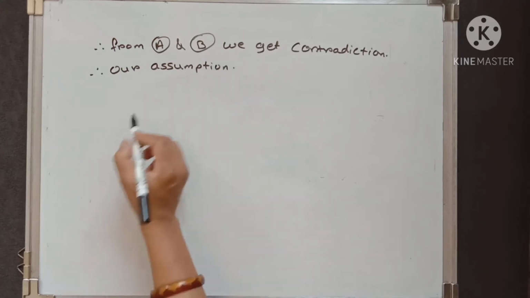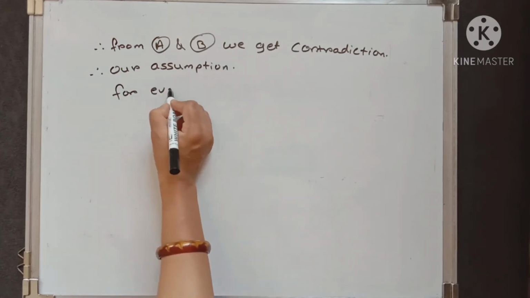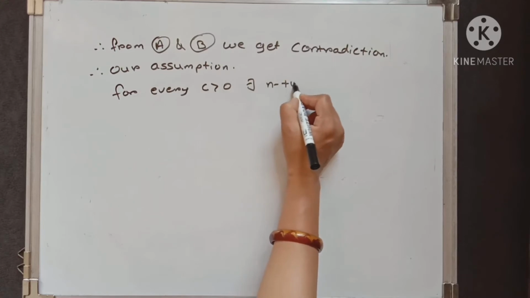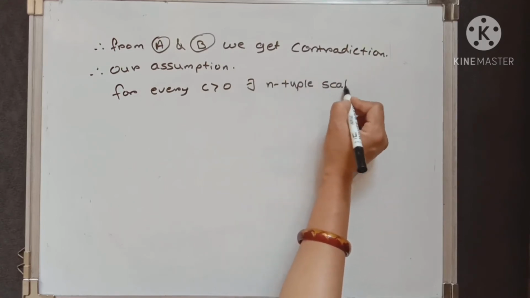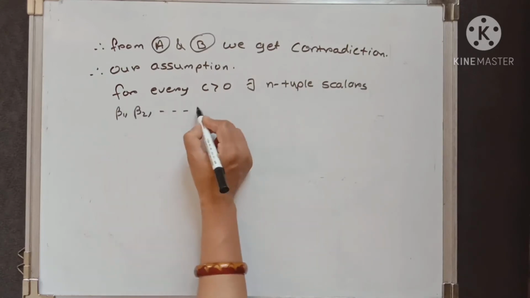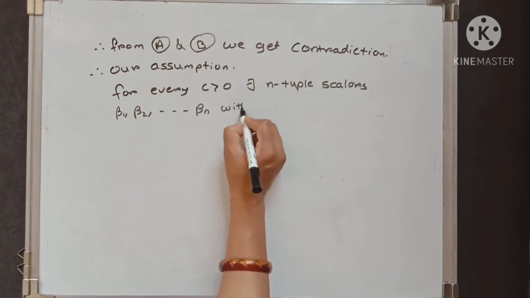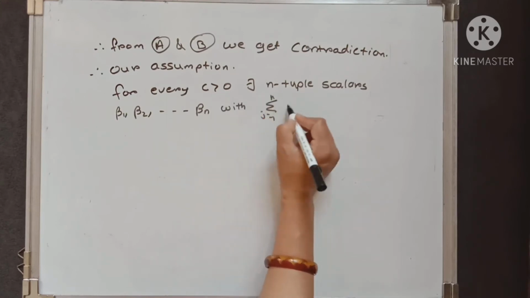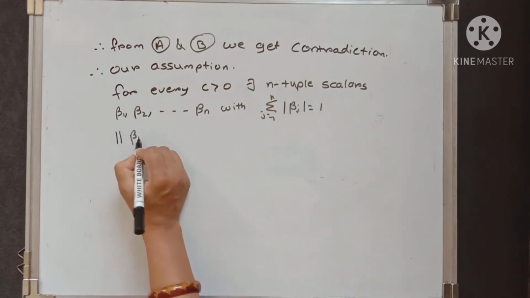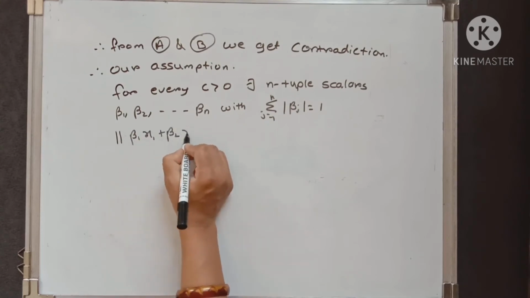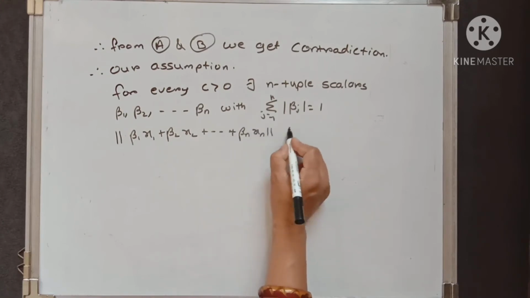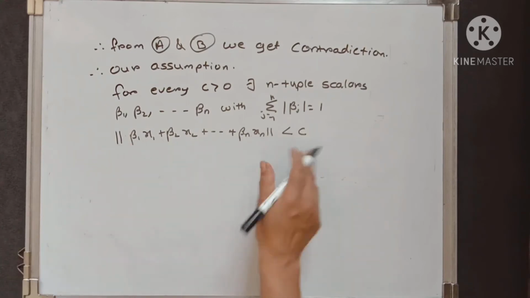what is our assumption? Our assumption is that for every c greater than 0, there exists an n-tuple of scalars beta 1, beta 2, up to beta n with the summation j from 1 to n of mod of beta j equal to 1, such that norm of beta 1 x1 plus beta 2 x2 up to beta n xn is less than c, is wrong.